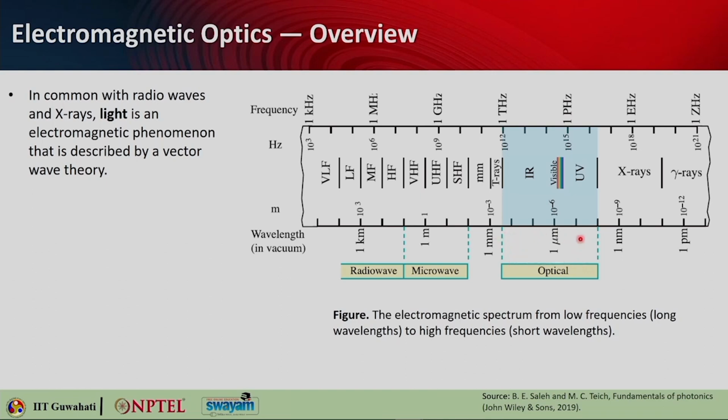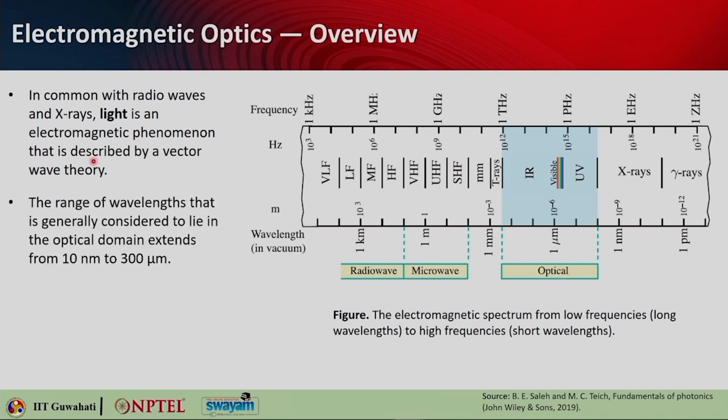This is the range over which the optical range is spread, and you can look into the bar here and see the frequency range over which this optical window is spread. In common with the radio waves and the X-ray waves, here you have radio and microwaves, and on the other side you have X-rays. The electromagnetic phenomena in the optical range can be described using a vector wave theory.